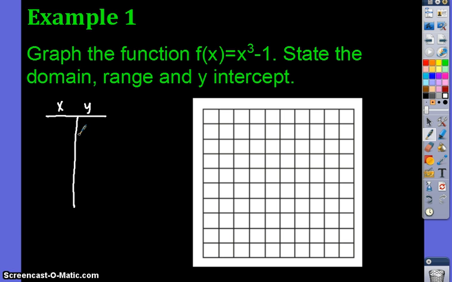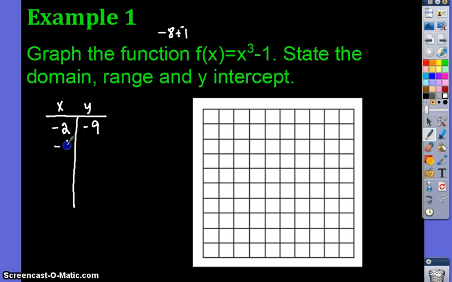So let's pick some negative numbers to start off with, and you can see something interesting that's going to happen. Let's do negative 2. When we put in negative 2 to the third power, that's negative 2 times negative 2 times negative 2. That would be a negative 8. And then a negative 8 minus 1 more, or in other words, plus a negative 1, would be negative 9.